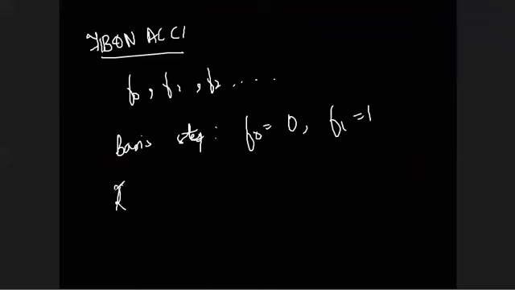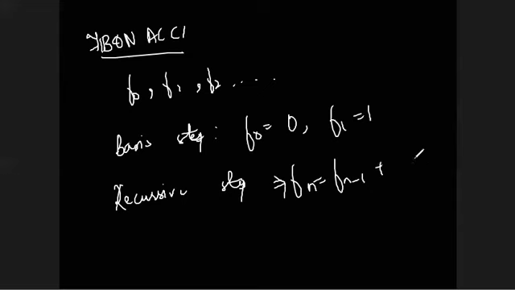Our recursive step is defined as f(n) is equal to f(n-1) plus f(n-2), that is the sum of the two previous terms, for all values of n from 2, 3, 4 and so on.